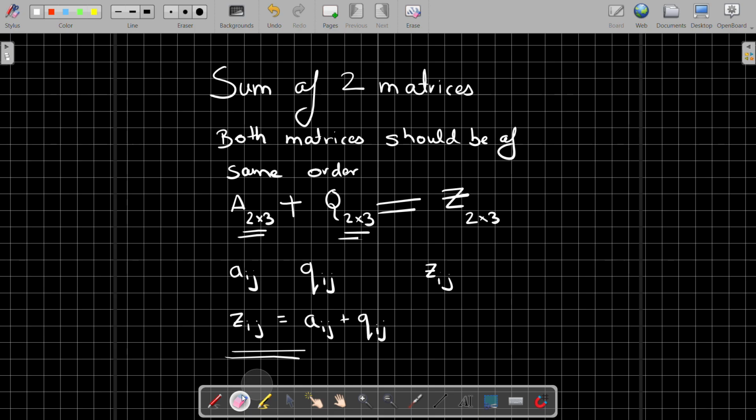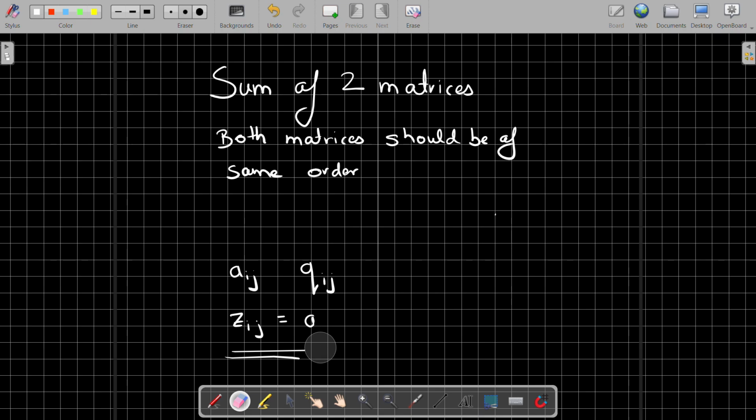So let's follow it up with a small example. In our case, we'll just take 2 by 3 matrices. We'll add two 2 by 3 matrices together. So let's start with 1, 5, 9, 4, 8, 3.